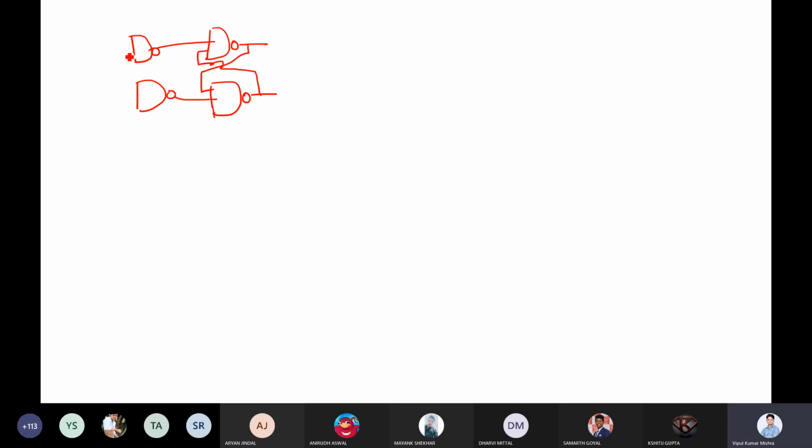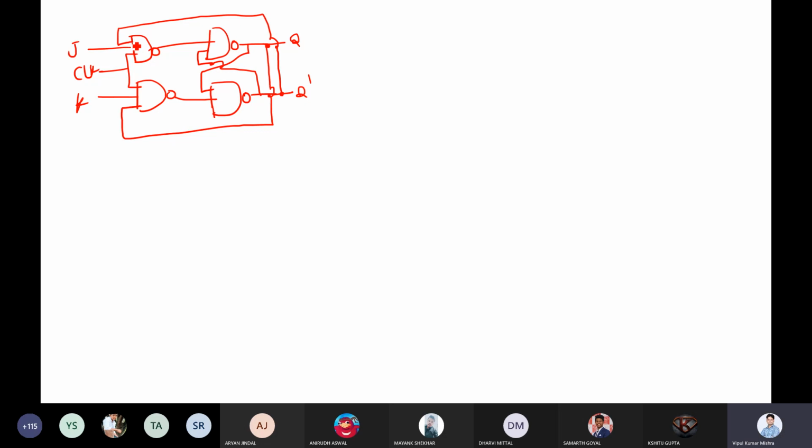This is the clock, this is J and K, and here it's Q and Q bar. This feedback here, and this feedback here. They said this is the JK flip-flop, and if you look on the web, in multiple places this is found as the JK flip-flop.